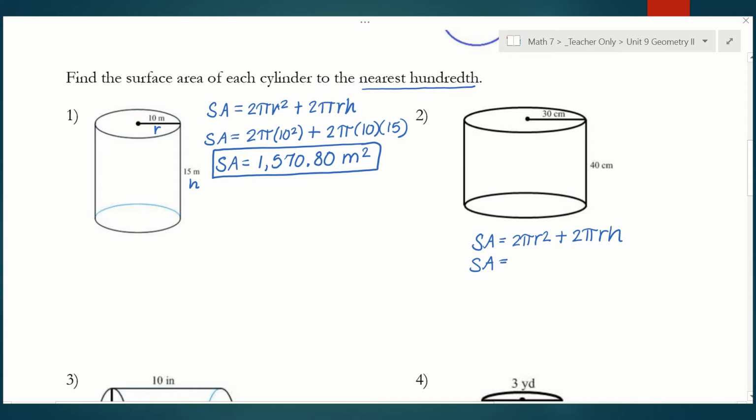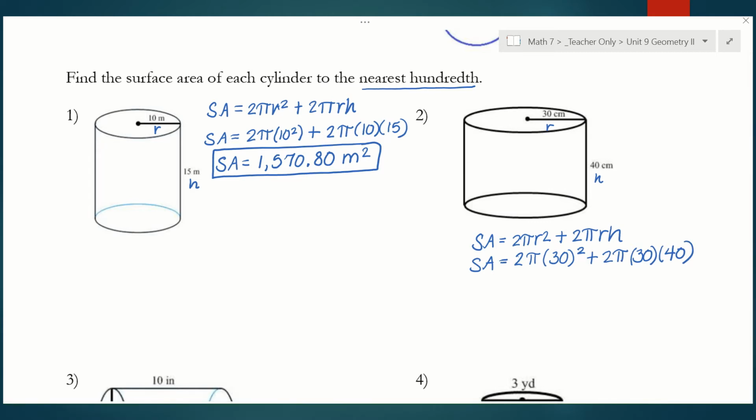Okay, so there's my formula. Again, let's pick out the important information. So the radius of the circle, the bases of your cylinder, is 30, and the height is 40. Okay, and again, we're still going to the nearest hundredth here, so we're going to use our pi key. So let's leave pi alone, and let's put 2 times pi times 30 squared, because that's my radius, plus 2 times pi times 30 times the height, which is 40.